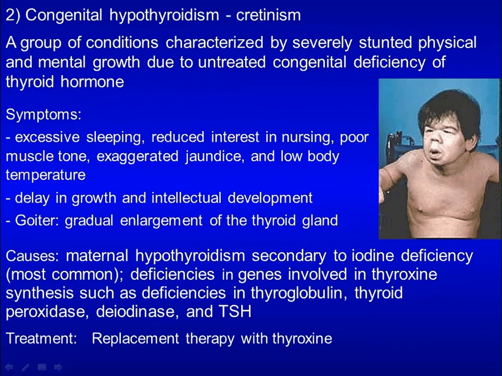They have delay in growth and intellectual development, and goiter. Cretinism is most often caused by maternal hypothyroidism due to iodine deficiency. It may also be caused by deficiency in genes involved in thyroxine synthesis. For treatment, apply replacement therapy with thyroxine.